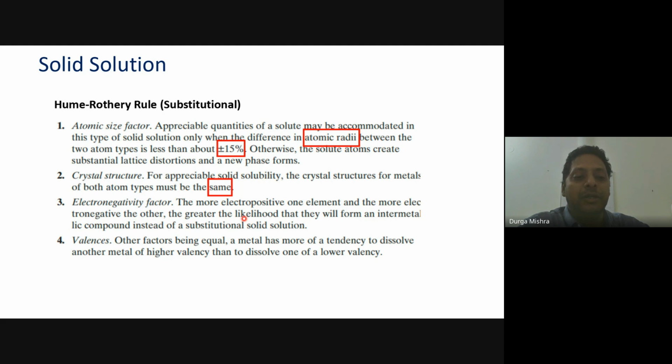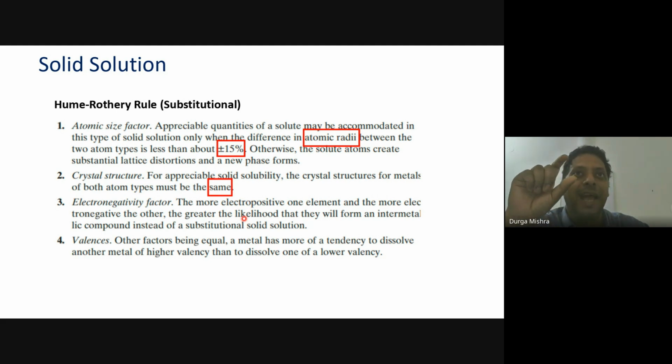Then the final point of the rule is that the valency should be the same, or the valency of the atom which you want to substitute should be higher. I'll show you the example.